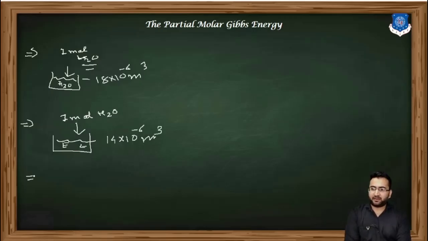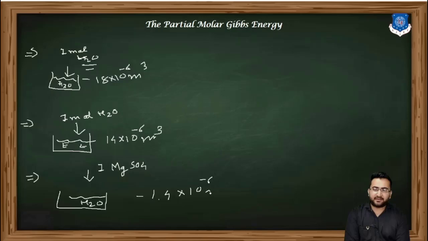Now let's consider one more example. There is a huge amount of water in this beaker, and if we add 1 mole of MgSO4, then there is a decrease in volume of minus 1.4 multiplied by 10 raised to minus 6 meter cube.